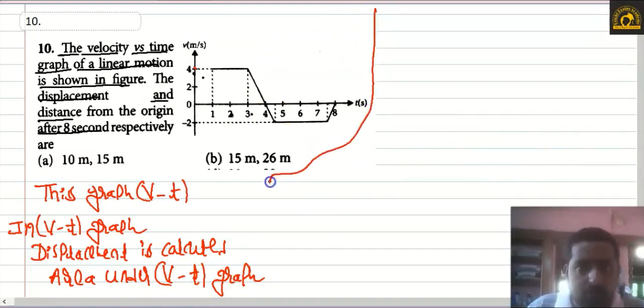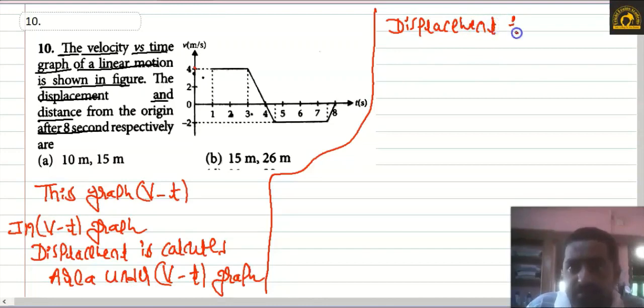Area is important. First, the displacement: in displacement, direction is most important, you know very well.